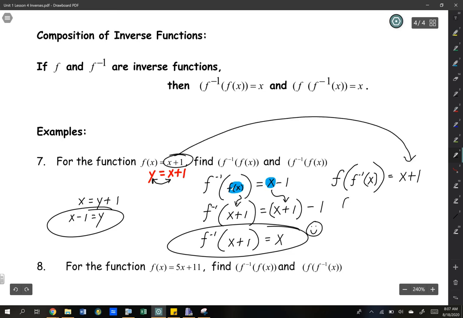And we're going to input the inverse. Well, what was the inverse? x minus 1. So we're going to replace the x value with x minus 1. So we're going to get x minus 1 plus 1, and that equals x.